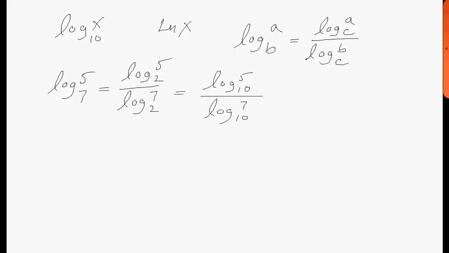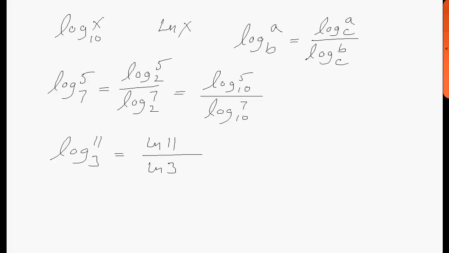You could also use ln. For example, the logarithm of 11 base 3 is the same as ln 11 over ln 3, and you can use your calculator to figure out what ln 11 is, divide that by ln 3, and you have this calculated.